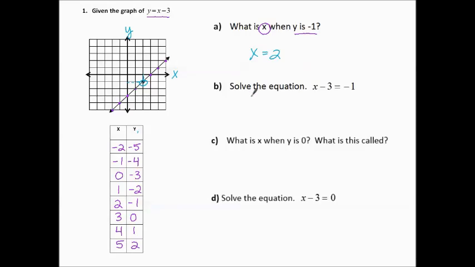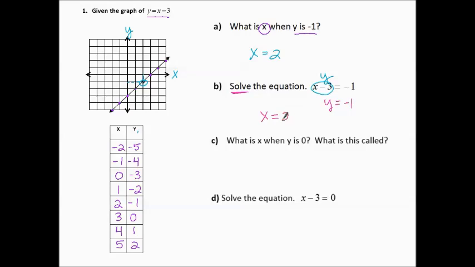So now if we look at solving the equation x minus 3 equals negative 1. Remember, our graph is the graph of x minus 3. And it said here that y equals x minus 3. So if y equals x minus 3, x minus 3 is the same as y. So this really says y equals negative 1. And we're solving the equation. So when y equals negative 1, well, that's the same thing we just did.